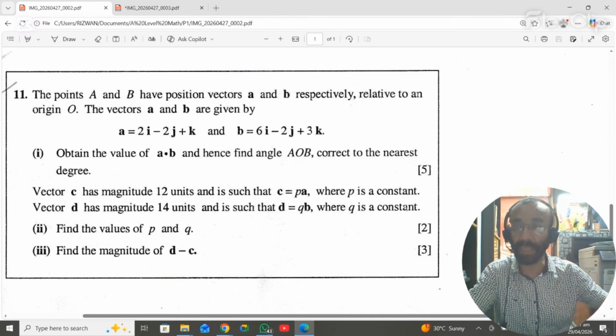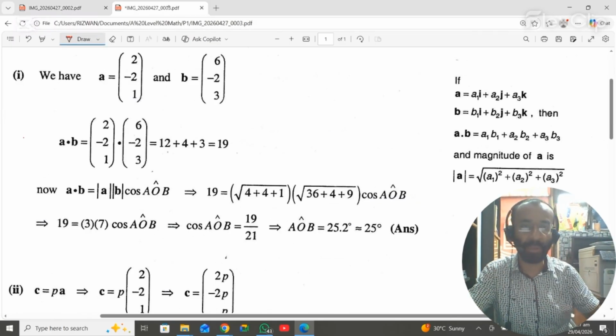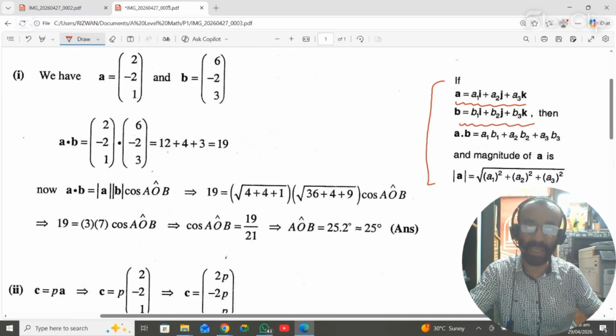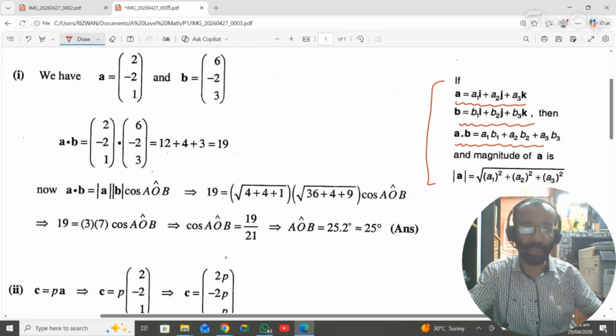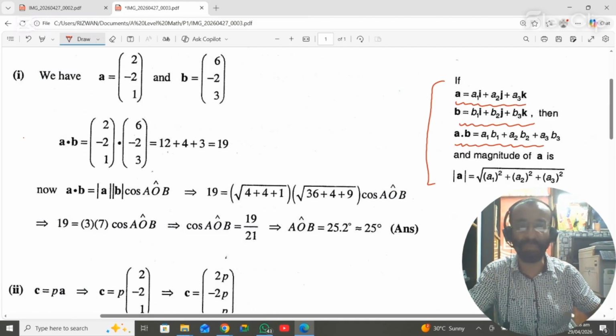Okay, first you should know the concepts of vectors. If a is the vector a1 i + a2 j + a3 k and b is the vector b1 i + b2 j + b3 k, then to find a dot b you multiply the respective values: i with i, j with j and k with k.